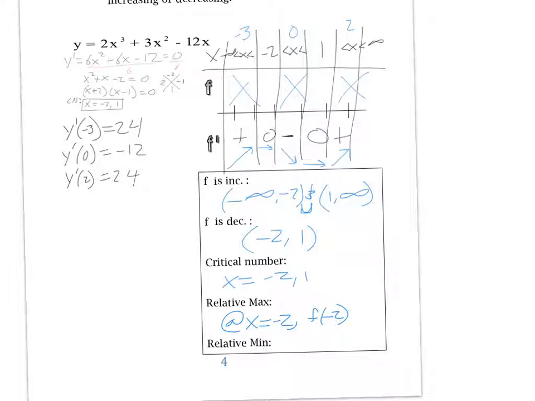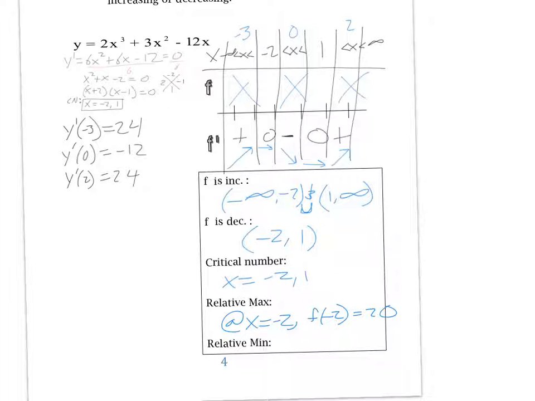So I'm going to plug in 2x cubed plus 3x squared minus 12x into y equals. So I'm just plugging in this original function. I'm going to my table, and I'm going to plug in a -2, and I get 20. So f of -2 is 20.